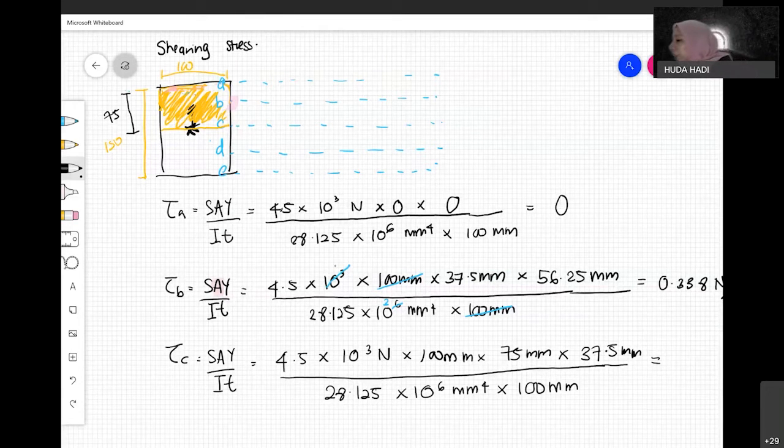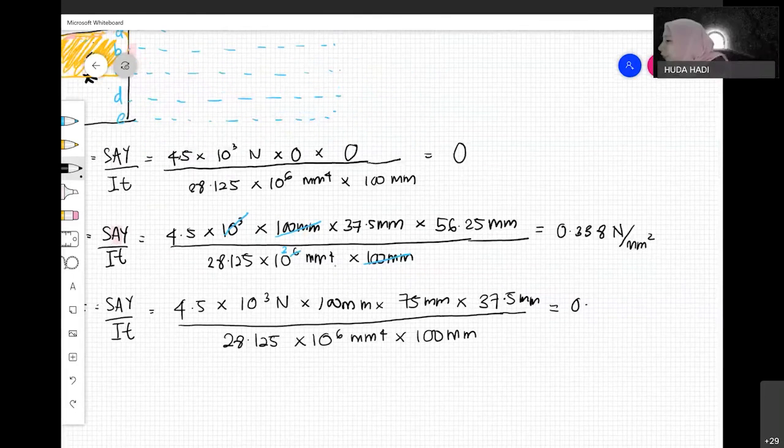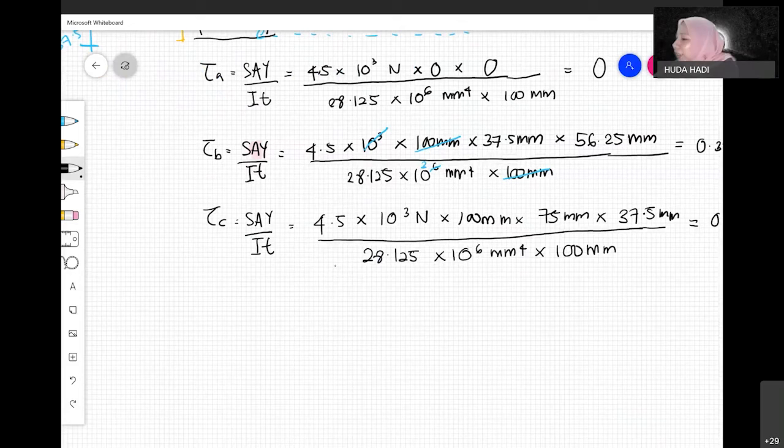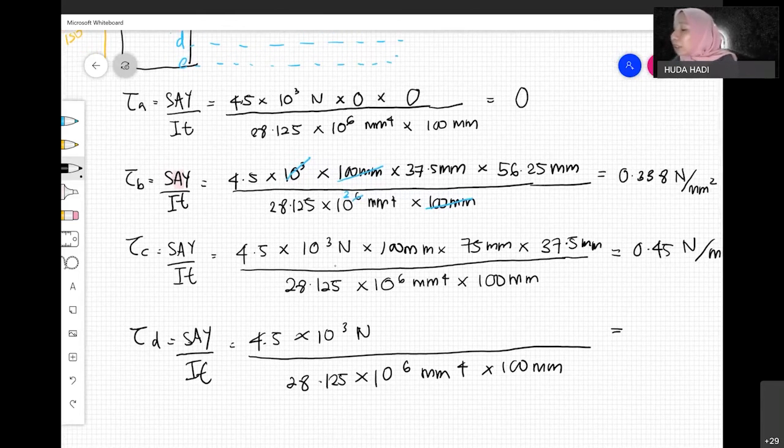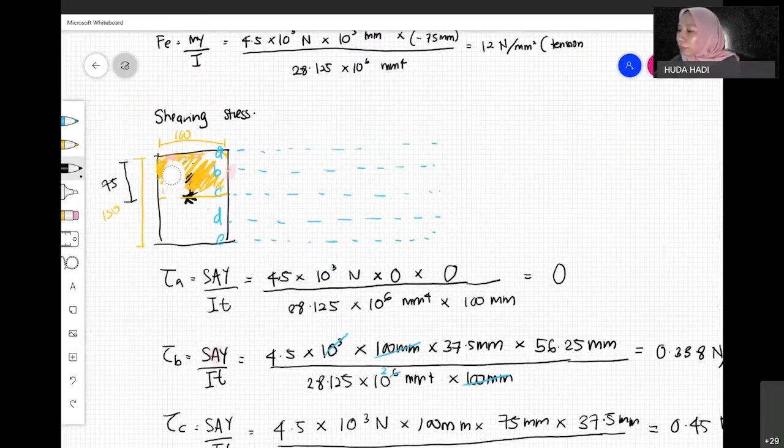Adriana, what is the value for tau C? 0.45. Thank you. Okay, and then tau D. Okay, Iman, can you tell me the area for area above D? Okay.